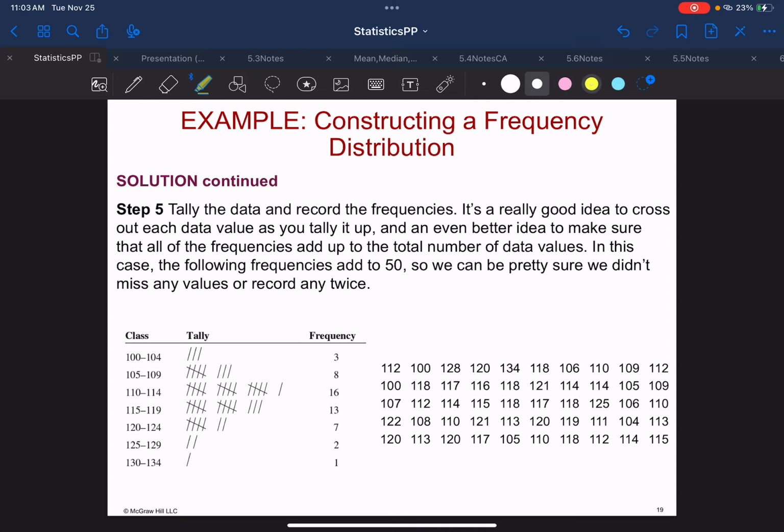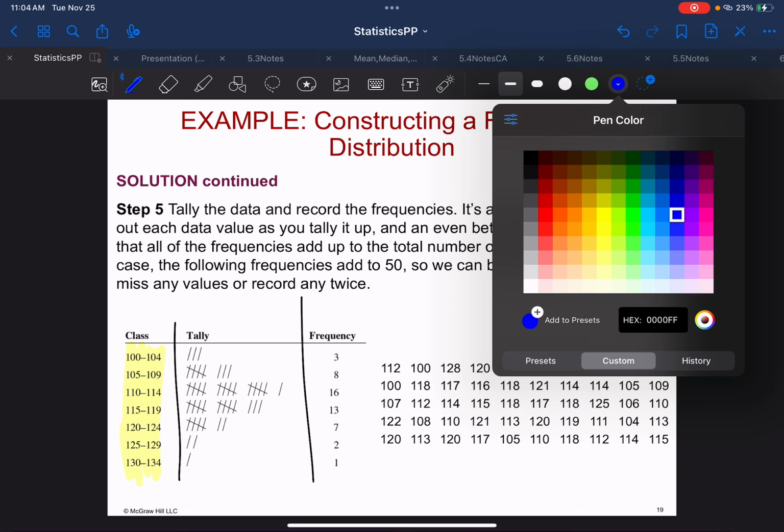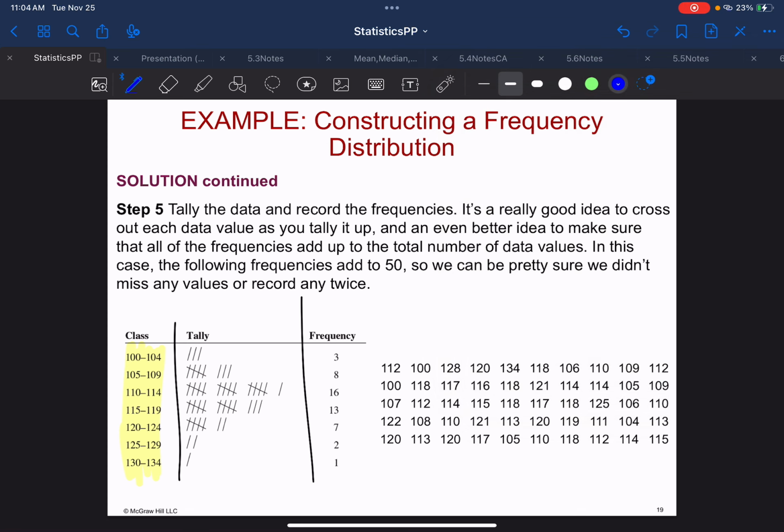So just like with the categories of the blood types, we put the classes here on the left-hand side of our table. And then we tally how many fall into each category. So I look for all the numbers that are 100 through 104.